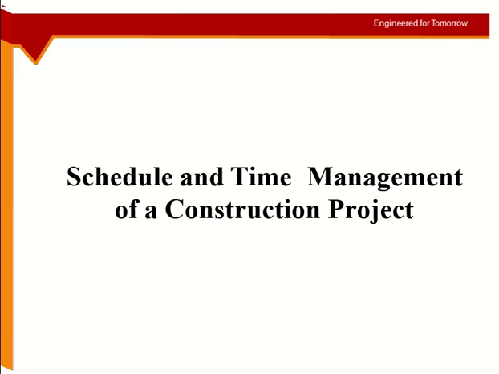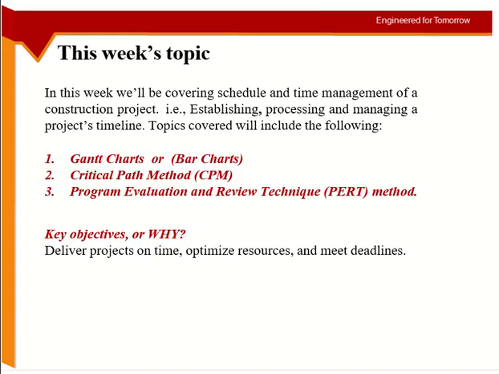From this lecture onwards, we will be talking about schedule and time management for the construction project. We will cover the Gantt chart, which is a representation of the project schedule, the project timeline. Then we move on to two methods used for analyzing the project timeline.